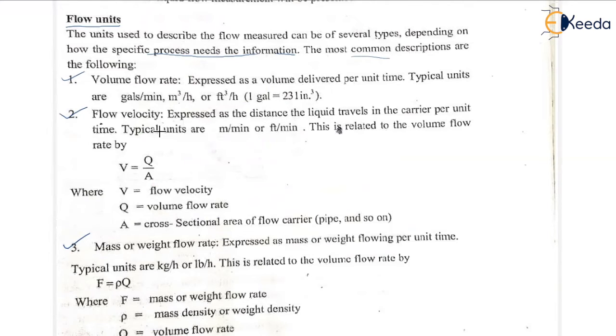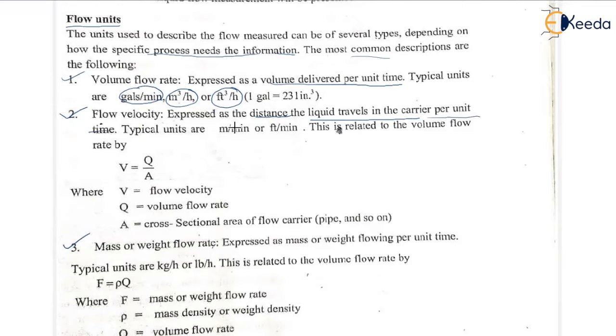Now we are looking at units. Volume flow rates are expressed as volume delivered per unit time. So the typical units are gallons per minute, meter cube per hour, or feet cube per hour. 1 gallon is 231 cubic inches.